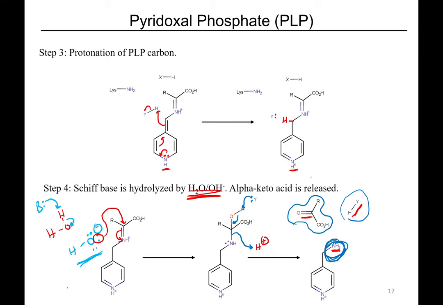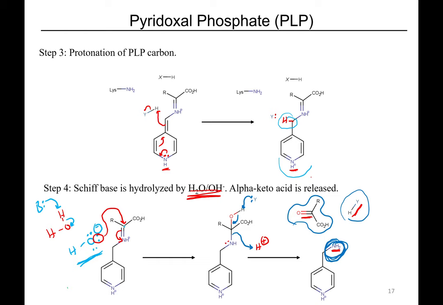Step three, the electrons get pushed back up through the electron sink, but this time we're picking up a proton on our cofactor. Okay, so the electrons redistributed. Our cofactor carbon picked up a proton from a general acid. Step four is where we bring in water, specifically in the form of hydroxide.